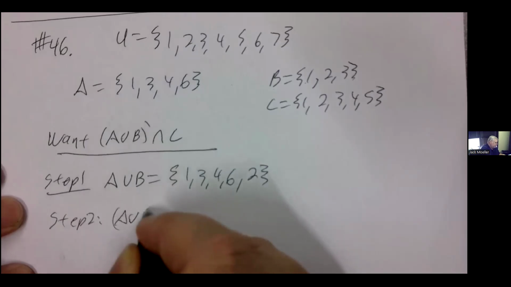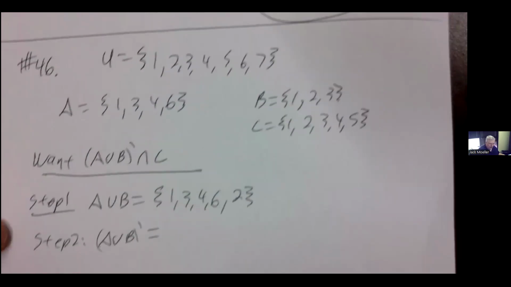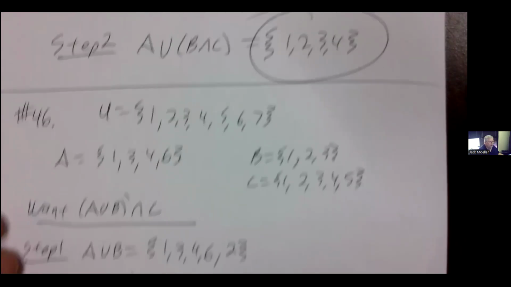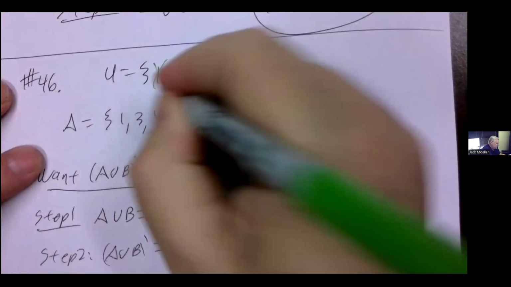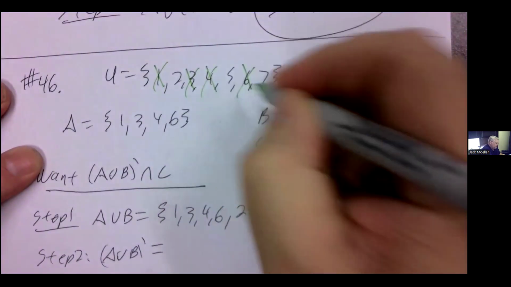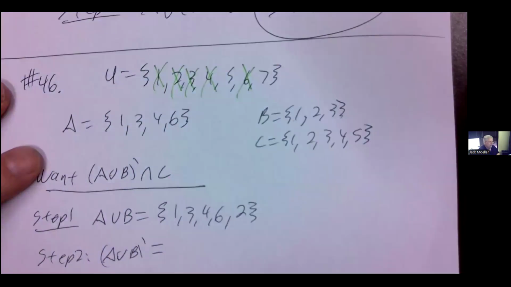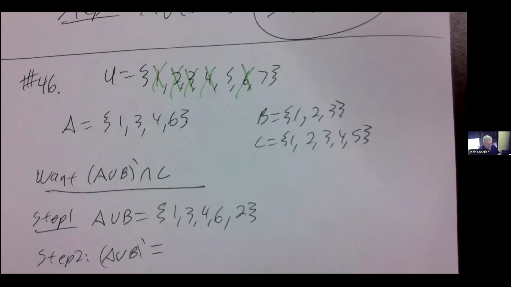So A union B complement means we go back to the universe and cross out everything that's in that set. So we don't want 1, don't want 3, don't want 4, 6, or 2. So what's left over is 5 and 7.